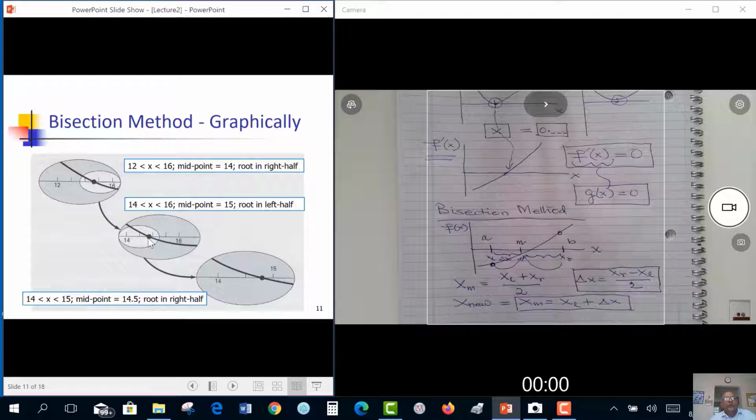So we are going to search for the root between 14 and 15. We plot it again. This time the midpoint is 14 and a half and our root is in the right half. So next we are going to search between 14 and a half and 15. So you can see how we can make our bracket smaller and smaller each time.